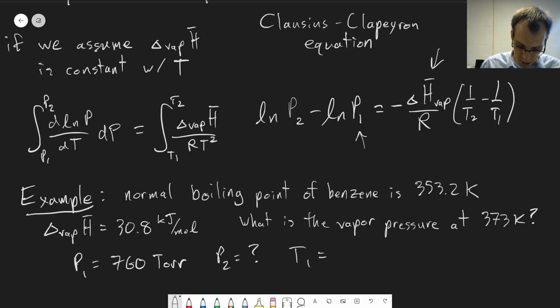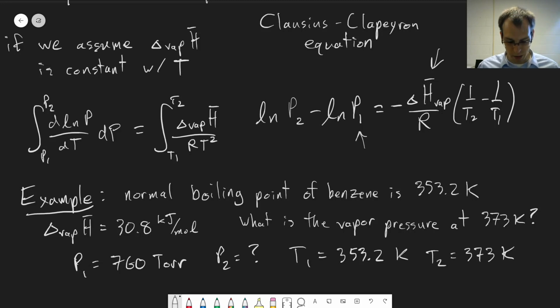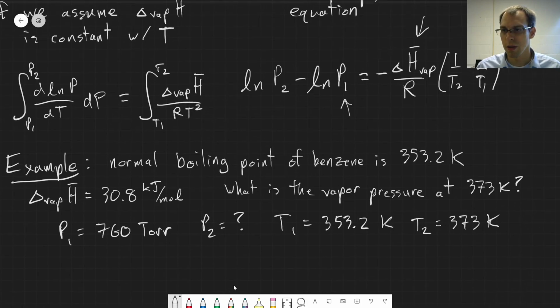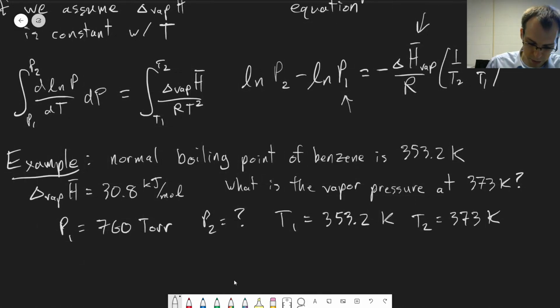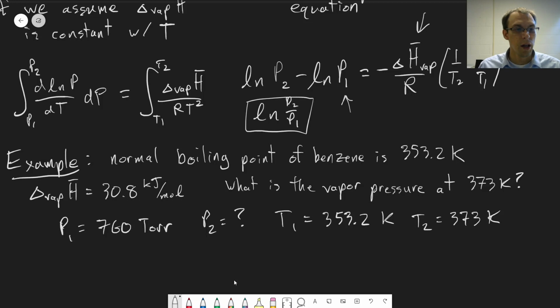We know T1 is 353.2 because that's the normal boiling point, and T2 we are given in the problem is 373 Kelvin. Now we just need to plug it into the Clausius-Clapeyron equation and solve for P2. By the way, log P2 minus log P1 is the same as log P2 over P1, so we can use that.